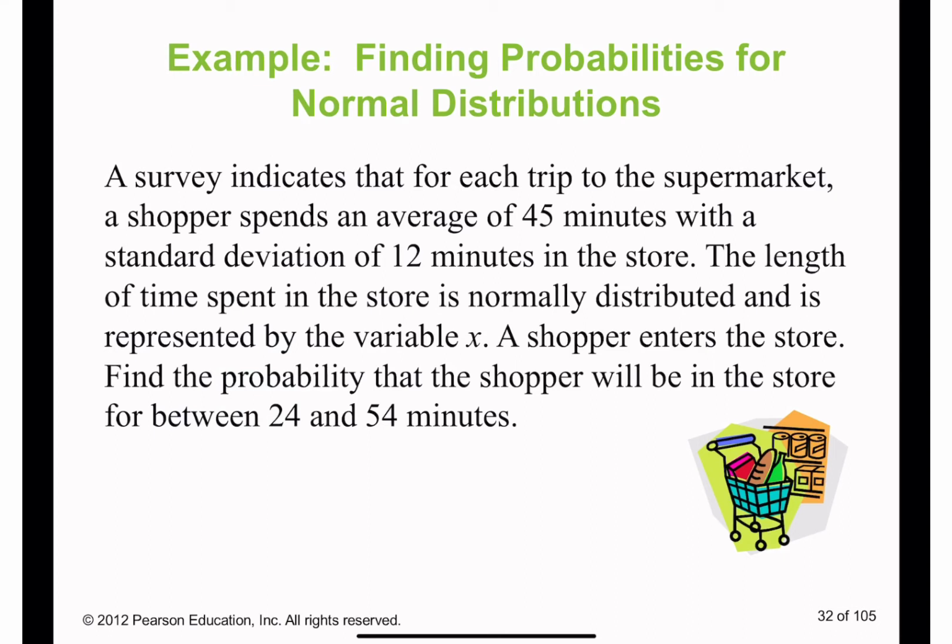So, a survey indicates, and those are examples, you can see how you can use statistics in business. A survey indicates that each trip to the supermarket, a shopper spends an average of 45 minutes, with standard deviation of 12 minutes.